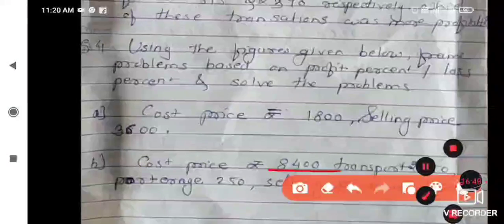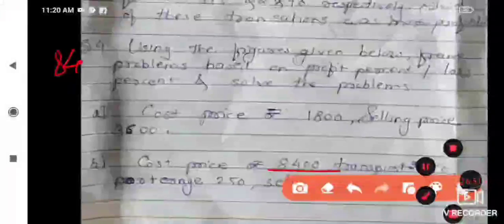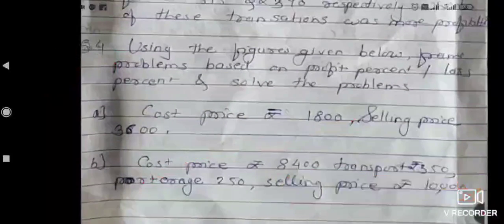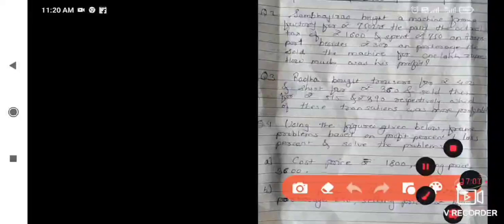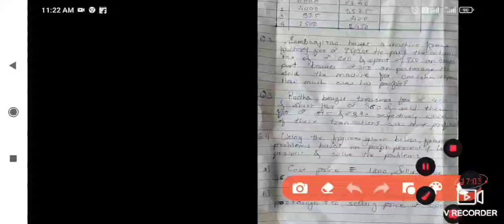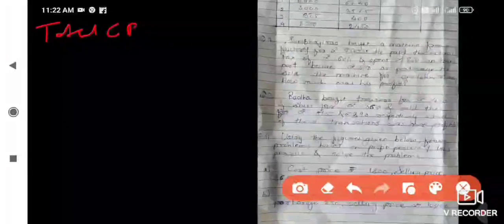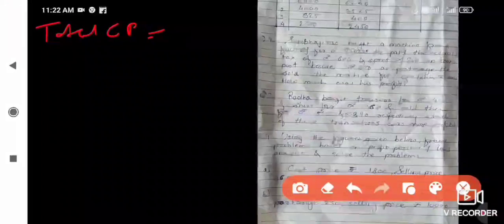So here 8400 plus, here just add, so the total CP is equal to. First of all we have to frame the question.